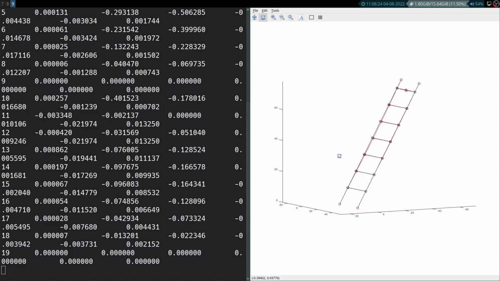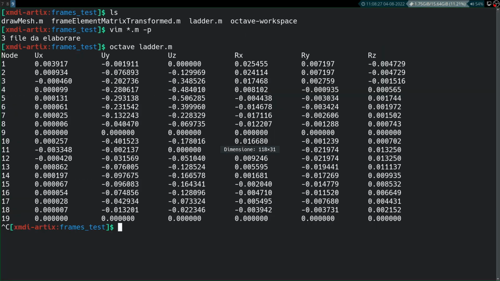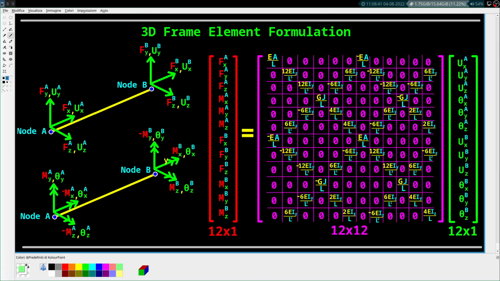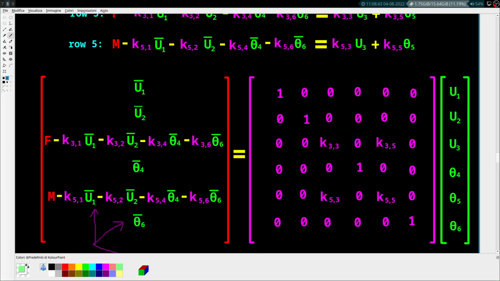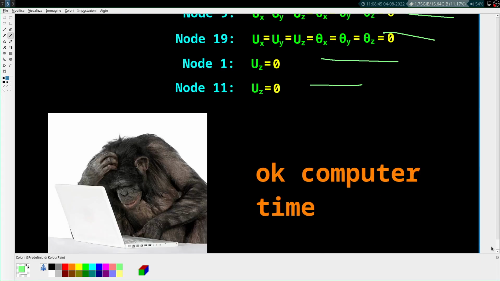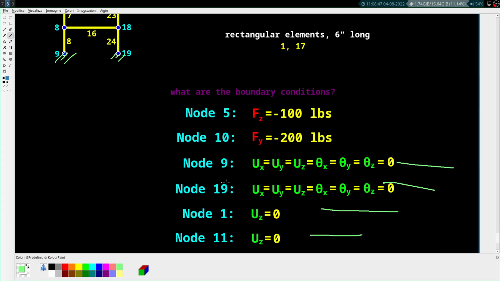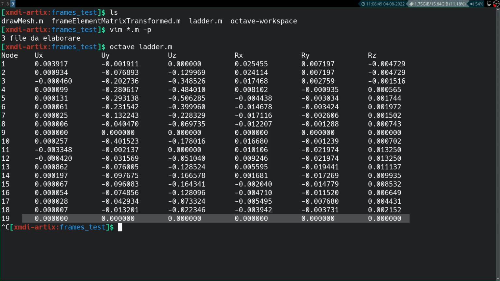But I want to show you this. So here are the nodes and the degrees of freedom plotted out. If you remember, we said that node 9 and node 19 were having 0 degrees of freedom. And so you can see that prescription holds true, right? At nodes 9 and 19, every degree of freedom is set to 0.00000. That's all zeros.